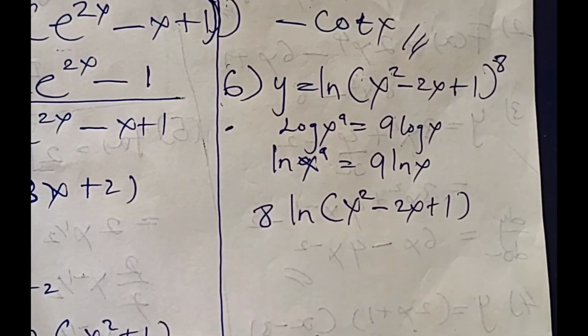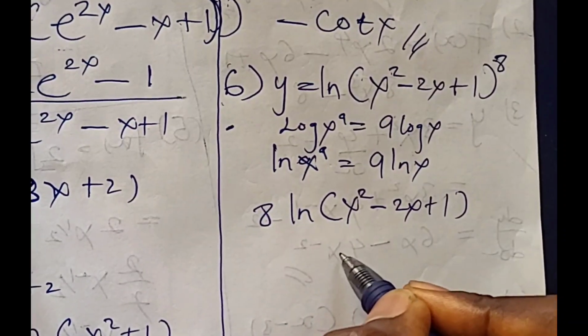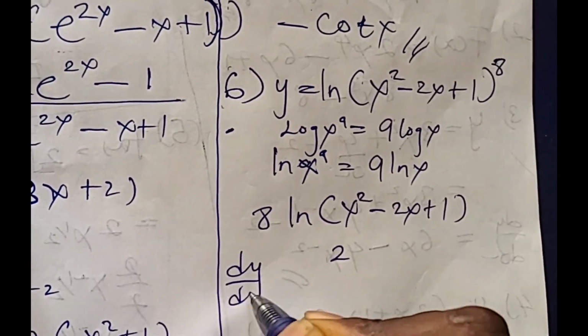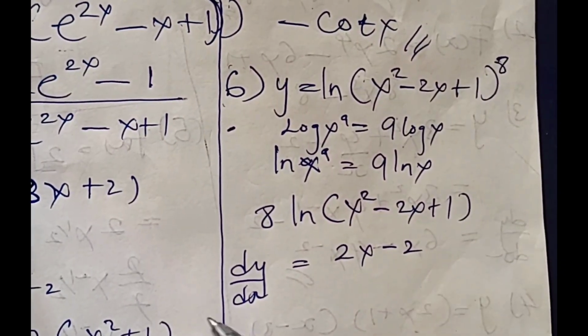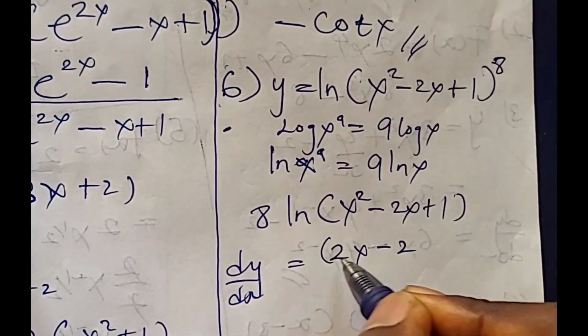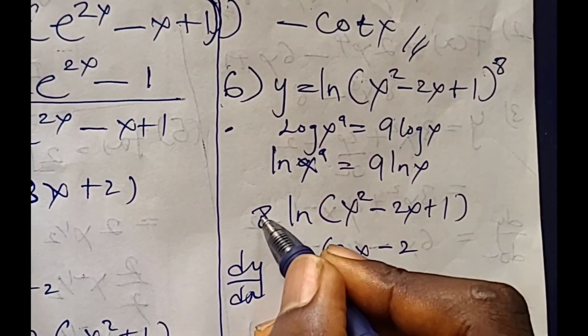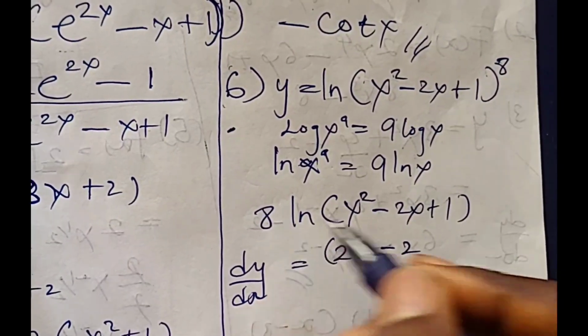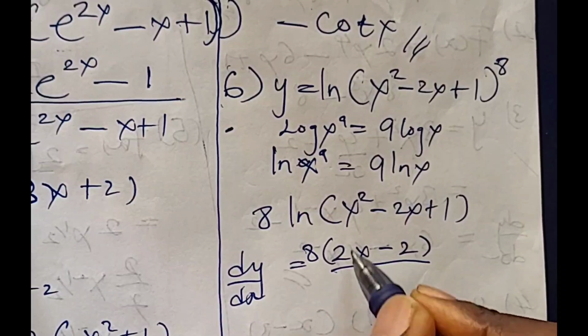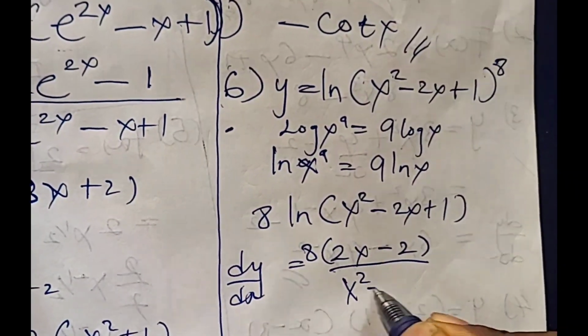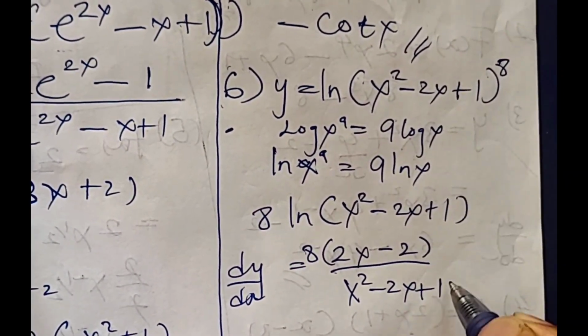So now you will differentiate the inside. When you differentiate, you have 2x, so dy/dx is equal to 2x minus 2, right? Remember you have a constant outside here, so we divide it by what is inside, x squared minus 2x plus 1.